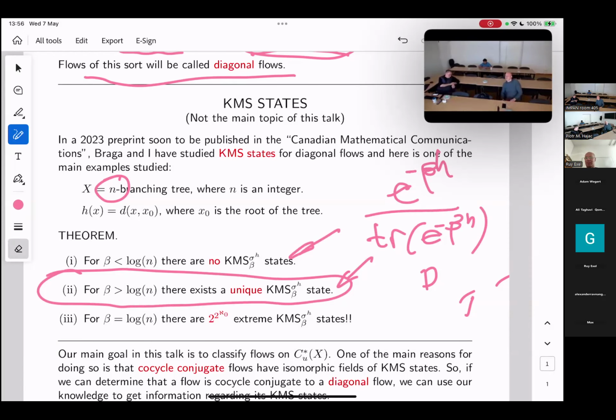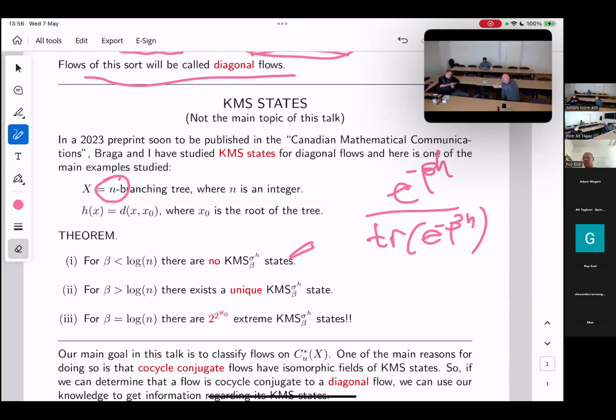So this branching plays the role of something which measures the number of microstates, because the Gibbs state is a state of thermodynamical equilibrium, and in equilibrium, the logarithm of the number of microstates is precisely this entropy.